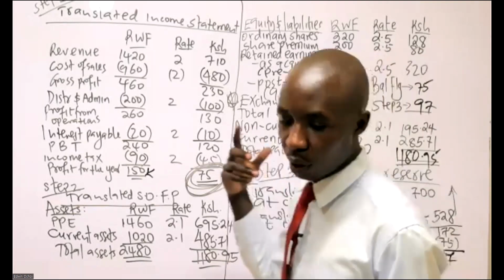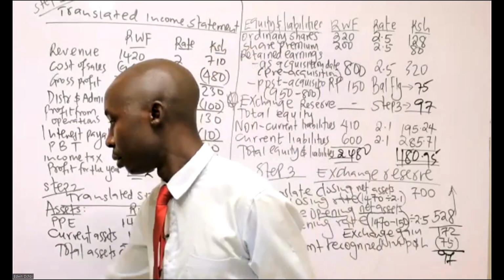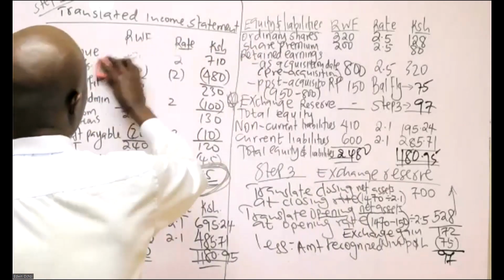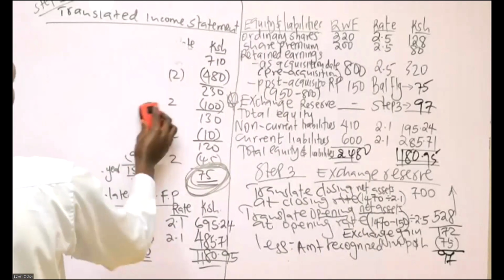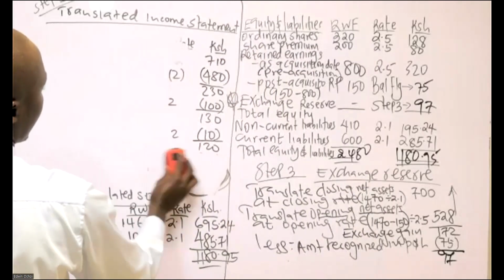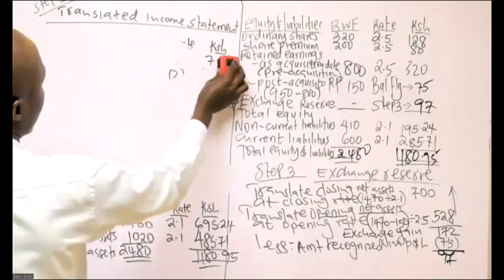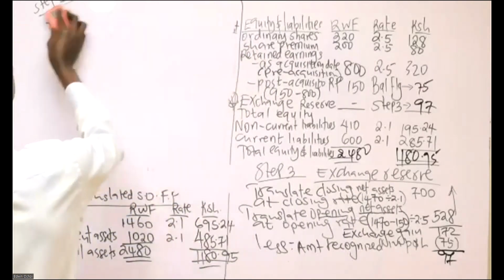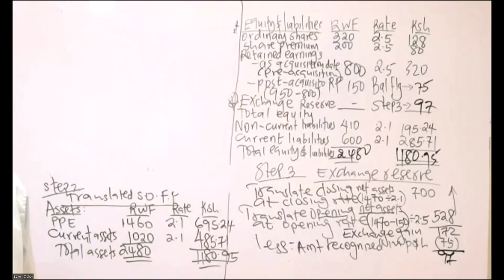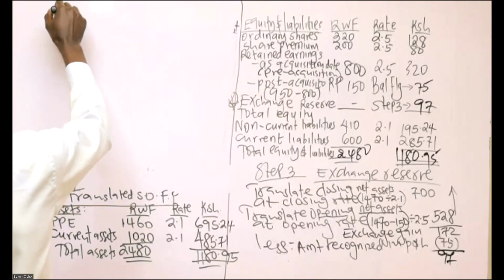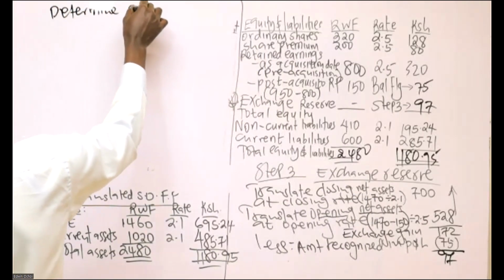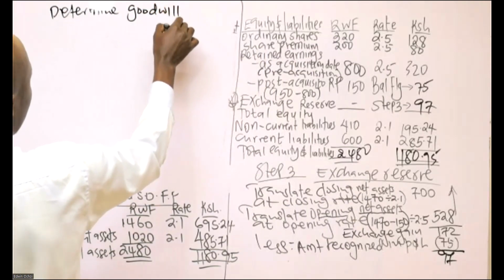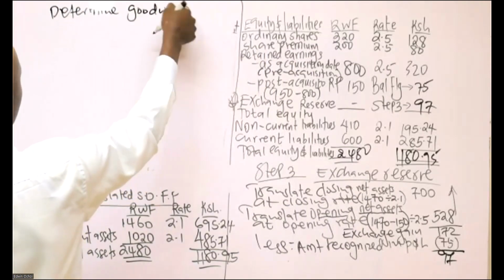Then after this step, we said we do what? The next step. We determine the goodwill. First we have to determine goodwill using foreign currency. Then we translate it.